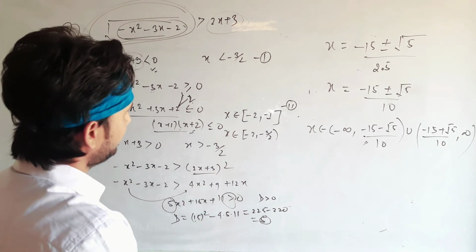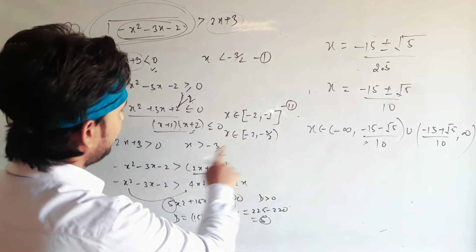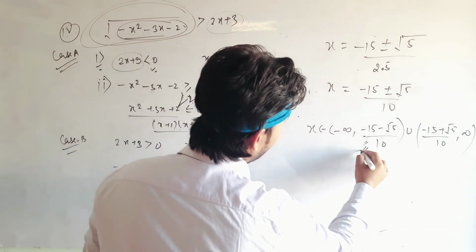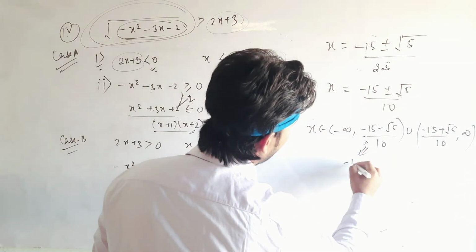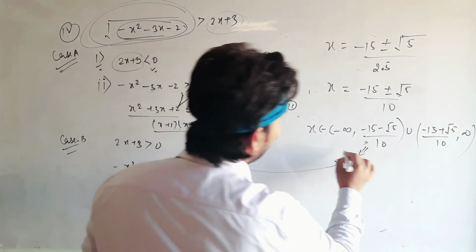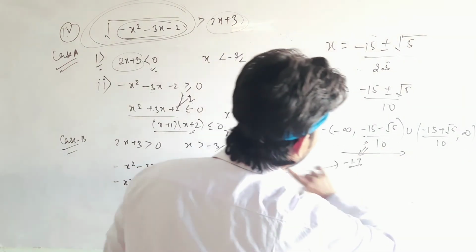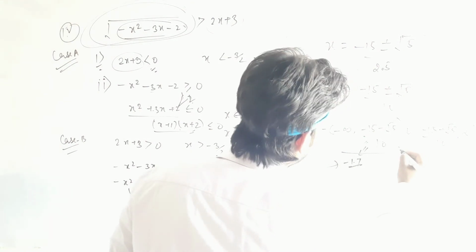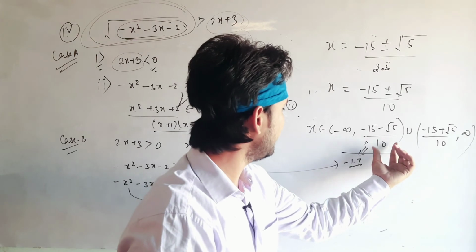When we take the intersection, what will happen? Let's see here that this is minus 1.7 and it is greater than minus 3 by 2, so it is above it, or after this real number.